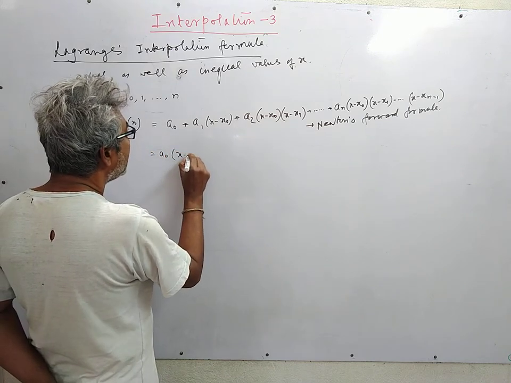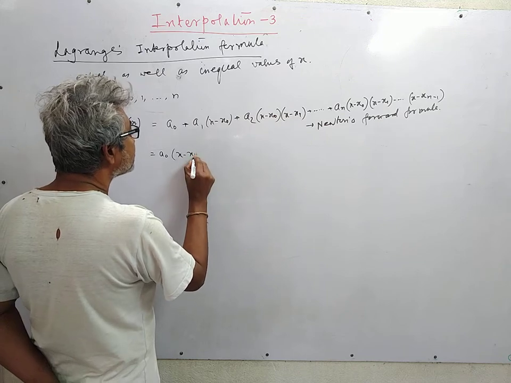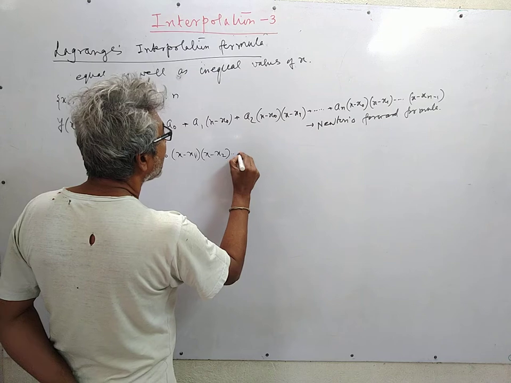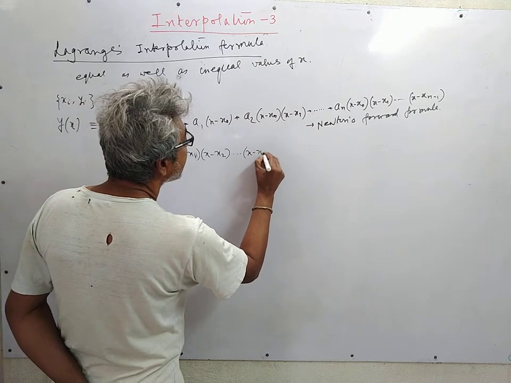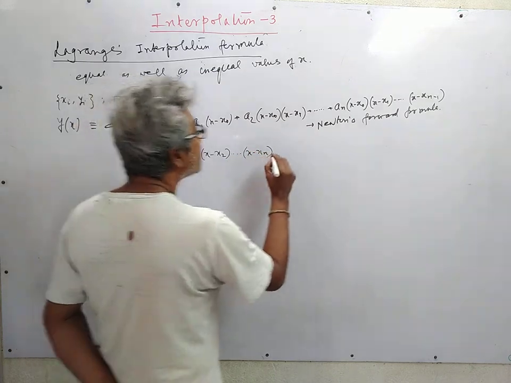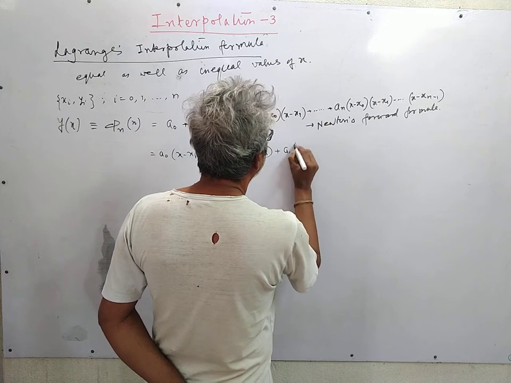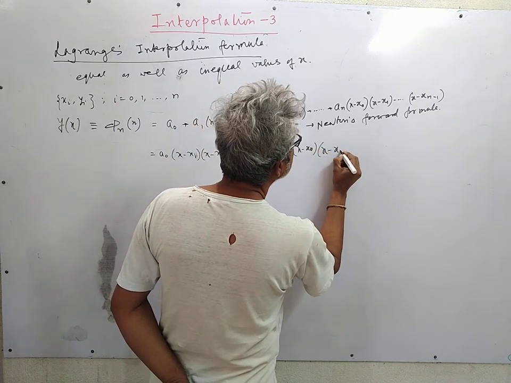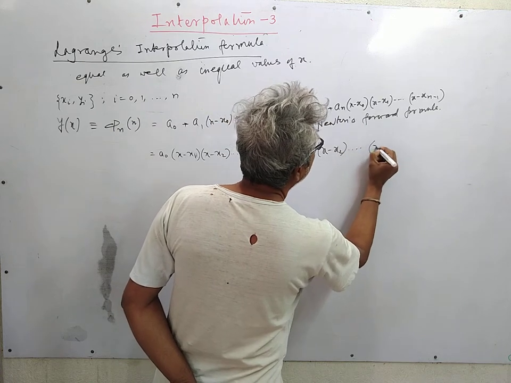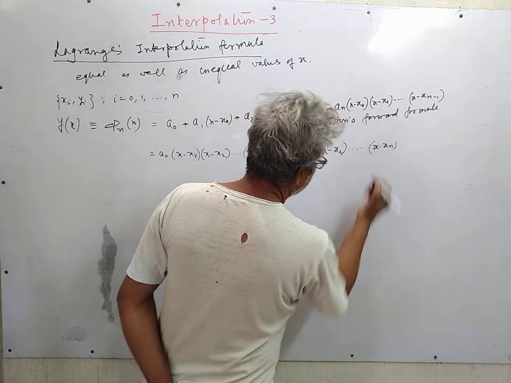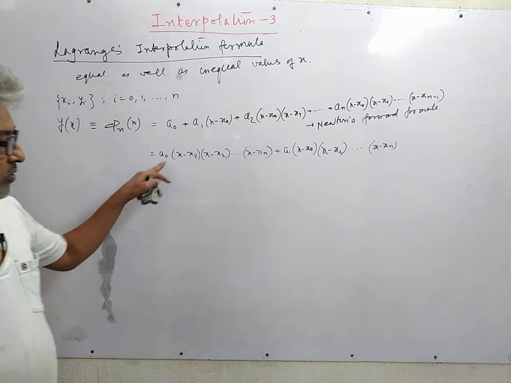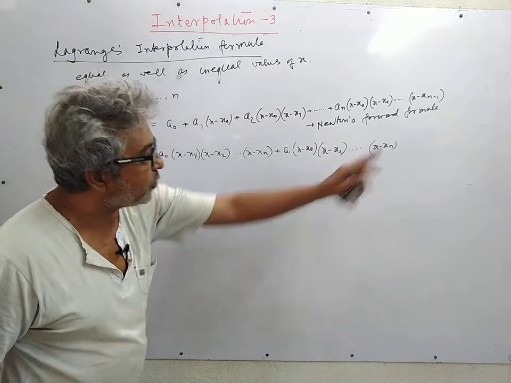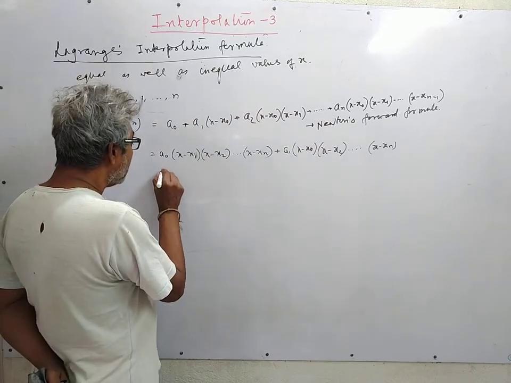Note carefully, it is x minus x1, x minus x2, right up to x minus xn, plus a1, x minus x0, x minus x2, up to x minus xn. For a0, there is no x0 term. For a1, there is no x1 term.